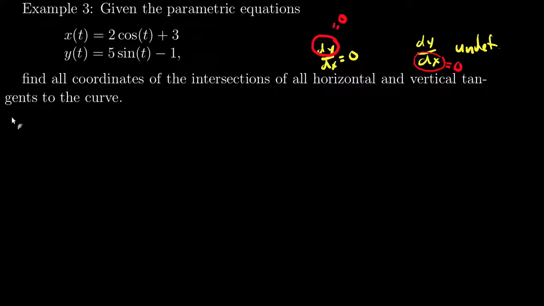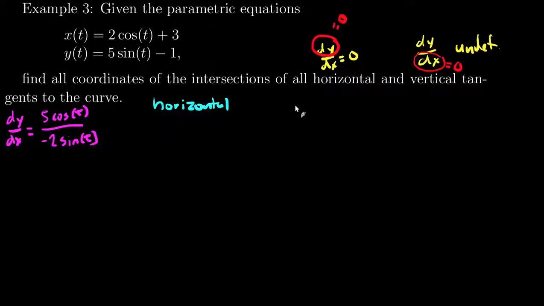So we know that dy/dx is the derivative of y with respect to t, which is just going to be 5 cosine t, over the derivative of x with respect to t, which is going to be negative 2 sine t. Okay, to get the horizontal tangents, I'm going to set the numerator equal to 0.